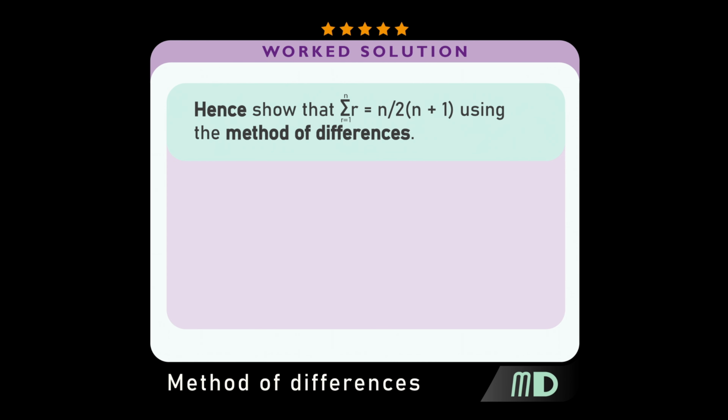To begin, our previous result showed that r is equal to 1/2 of r multiplied by r plus 1 minus r multiplied by r minus 1.